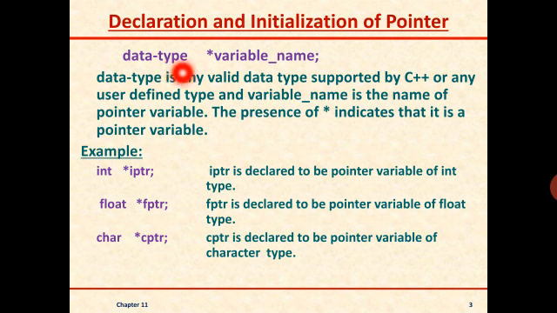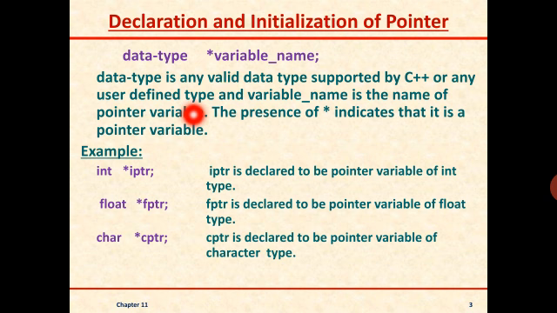First we write the data type, then we write the variable name, end with the semicolon, but before the variable name I have written an asterisk. Whenever an asterisk comes before the variable name, it is understood that we are using a pointer variable.